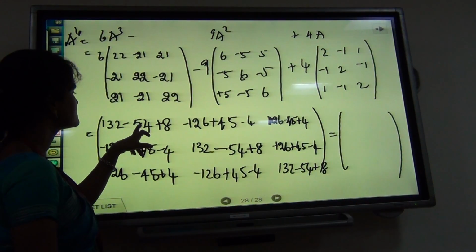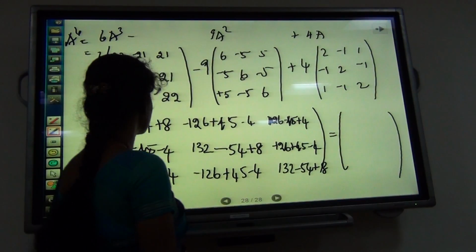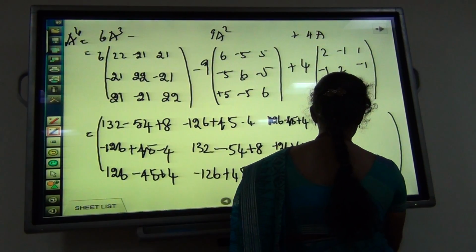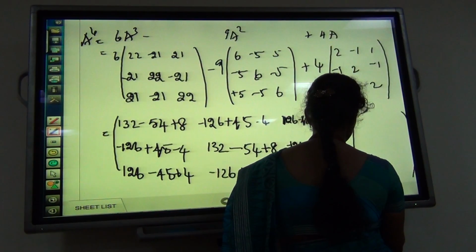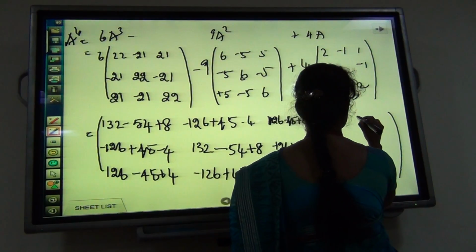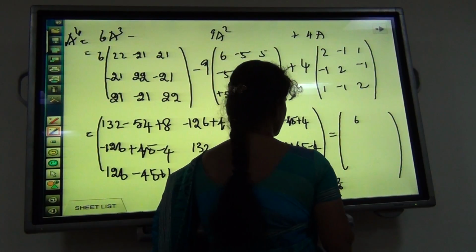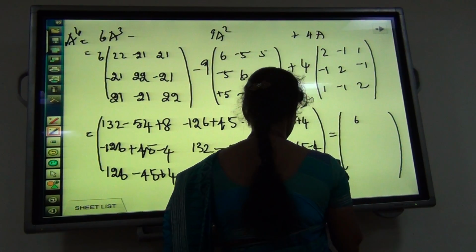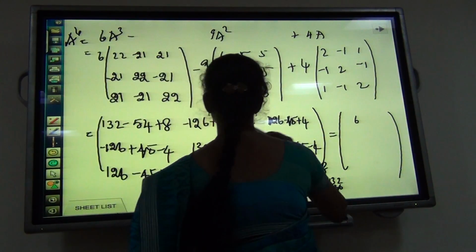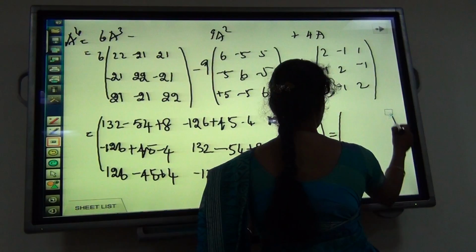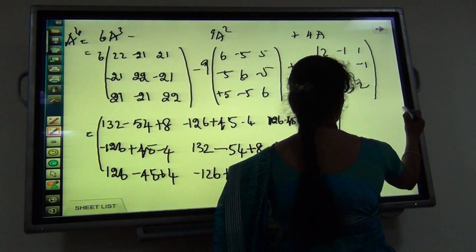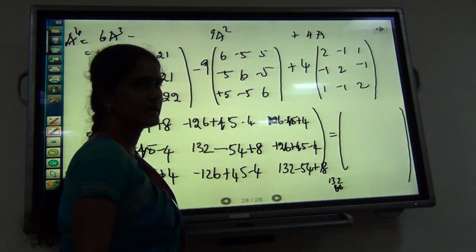As we subtract this you get 8, 46. So 132 minus 46 is 86. The resultant will be your A power 4.